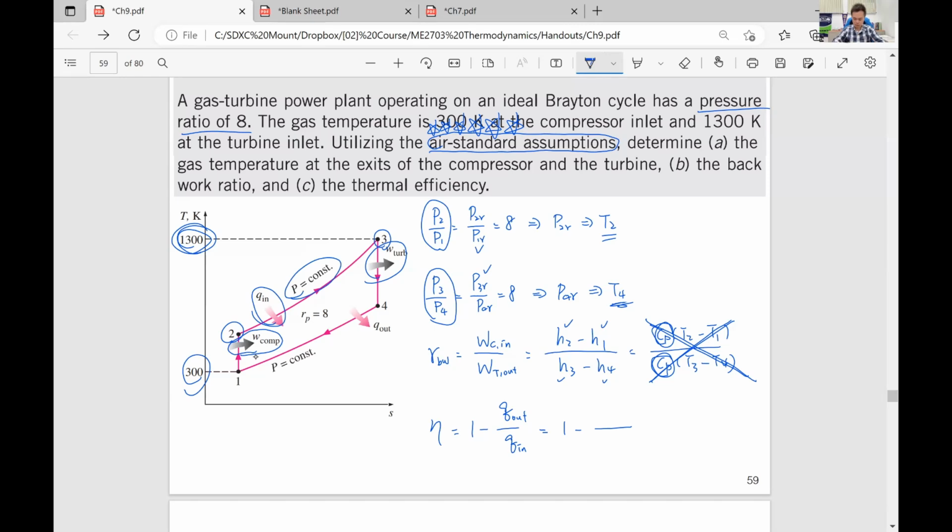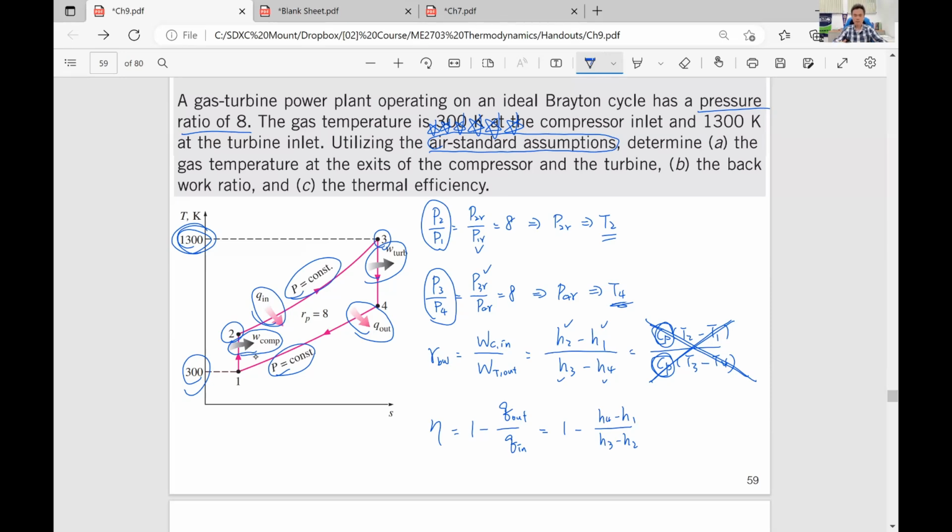So Q in is H3 minus H2. And Q out is 4 to 1, a heat rejection, also a constant pressure heat rejection. So Q out is H4 minus H1. Then you can get the thermal efficiency.